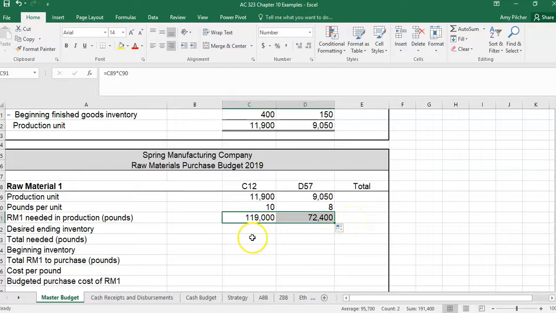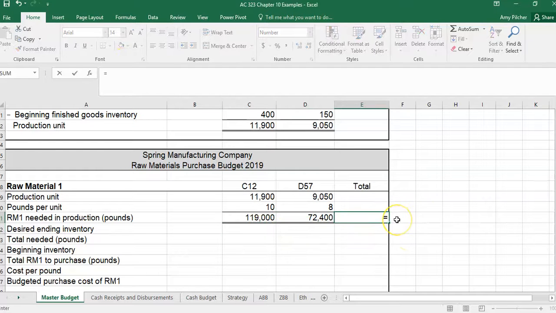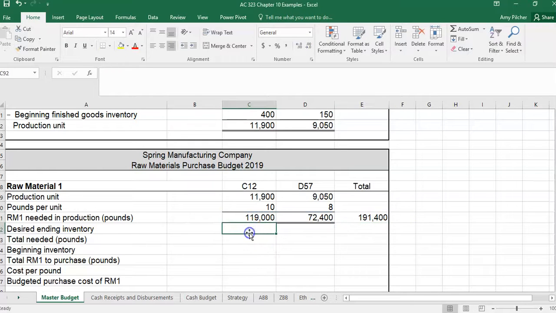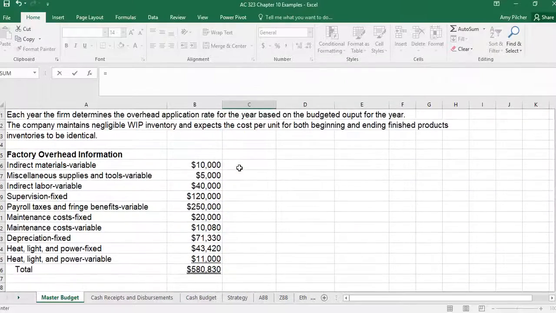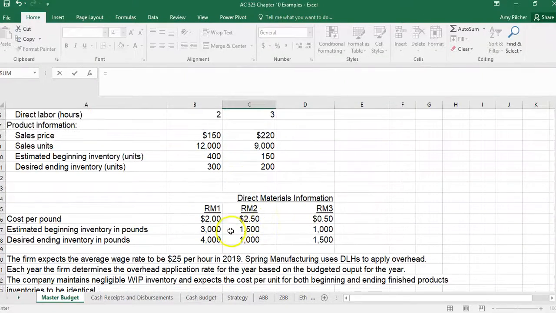We're then going to add our desired ending inventory to give us the total amount of pounds that we need for production. So we have our desired ending inventory in pounds of raw materials.